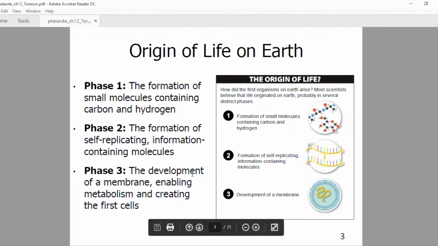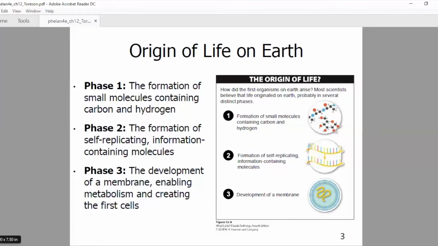In other words, we see the formation of RNA. And then in phase 3, we see the development of membranes. Membranes are essential for life as they enable cells to compartmentalize things, which is necessary for maintaining various metabolic functions.